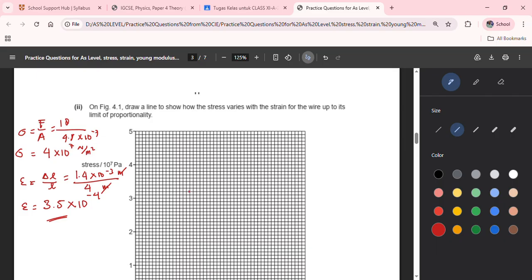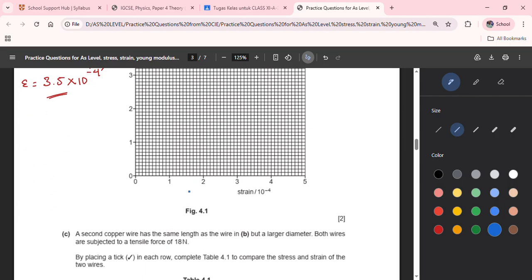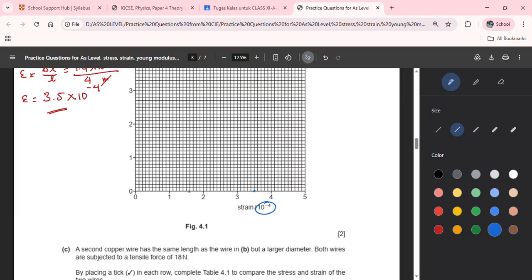Okay, so the stress is 4 times 10 to the power 7, which is here. And then for the strain, 3.5 times 10 to the power of minus 4, so 3.5 in the middle, this one.